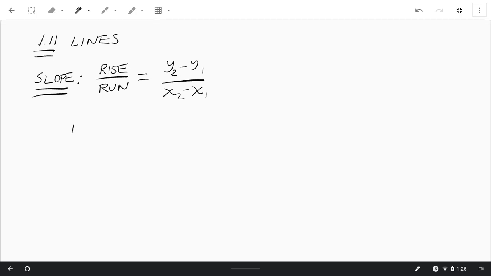So you are expected to be able to find the slope given the graph, 2 points, and an equation. Okay, so be able to find slope given any of these three things.